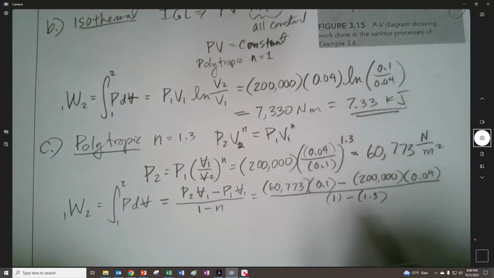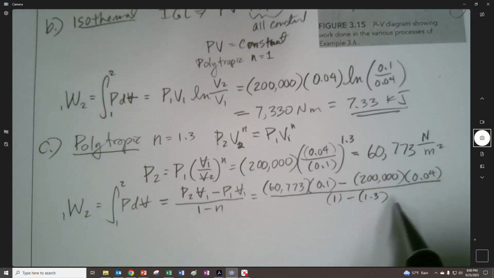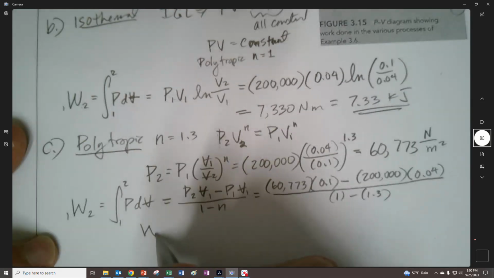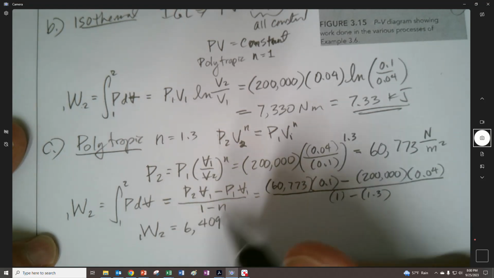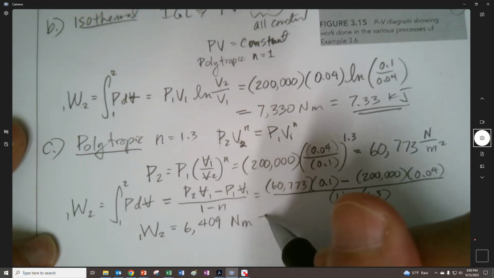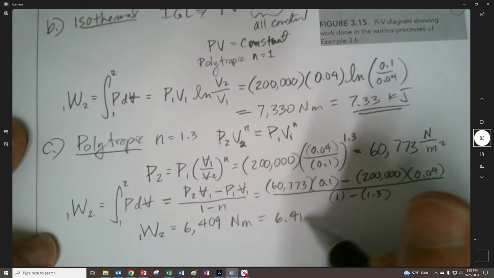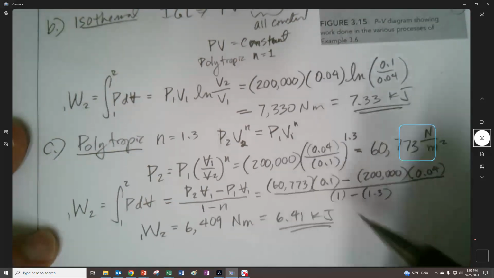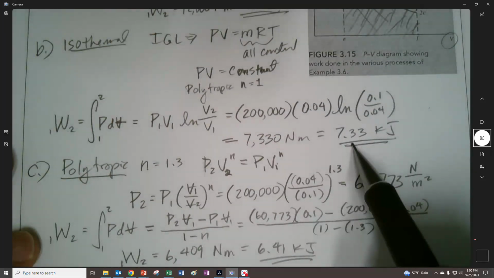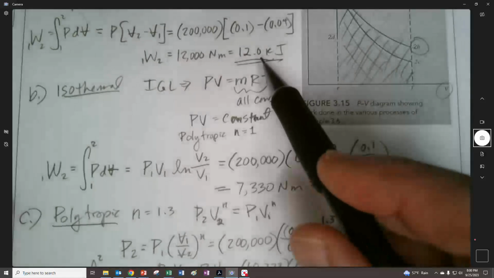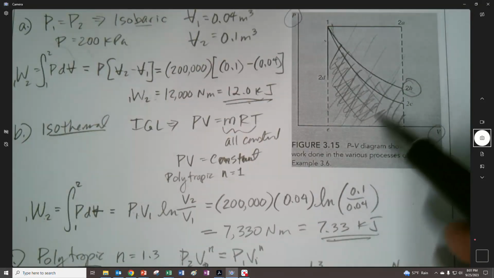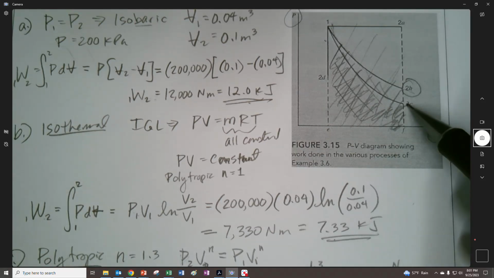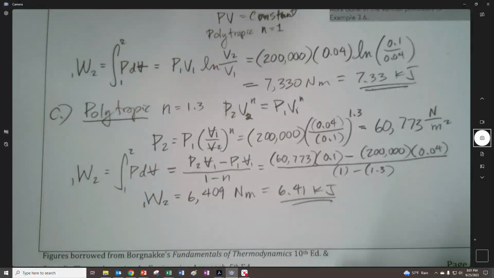The numerator is going to be negative, and the denominator is negative. So what we find for the work from 1 to 2 in this situation is 6,409 Newton meters, which is 6.41 kilojoules. We could compare it to this 7.33, or to this 12. You can see on here this is the area underneath it, so it's going to be slightly less, which it is right there.